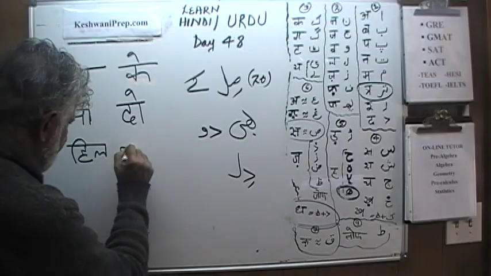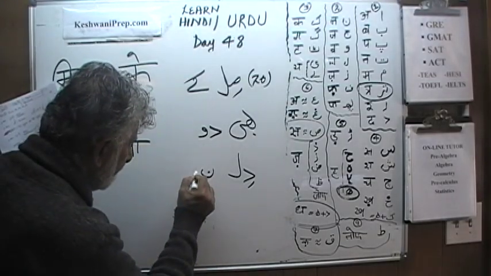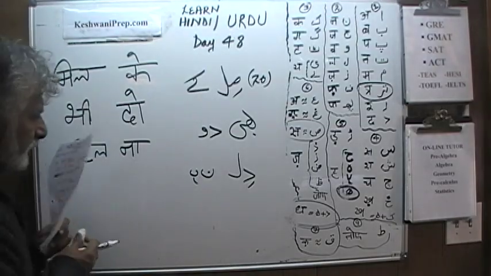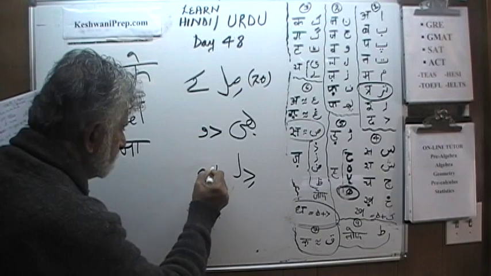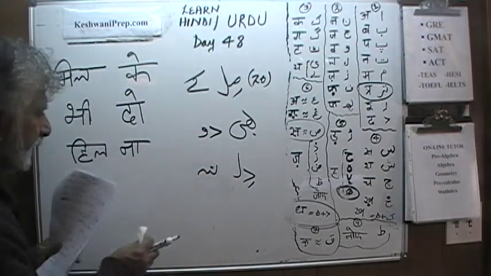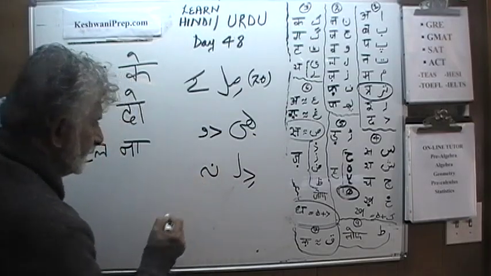Now in Hindi you would write na with the aki matra, but in Urdu you would write it with noon and a hey, like that. Na, na, and it will look like this. No, that's not how it's going to look. Ignore it. This is what it's going to look like. Noon and hey.